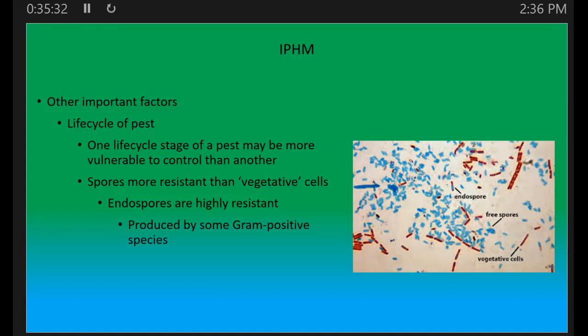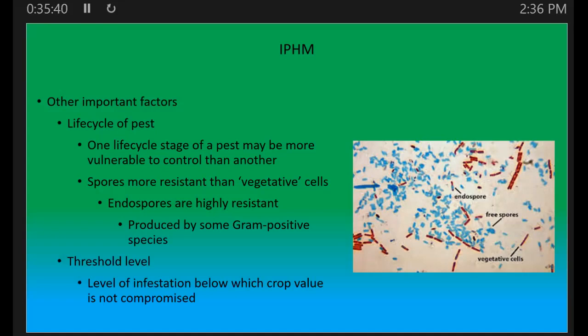That's just one example of why you need to know about the life cycle of the pathogen or the pest. And then it really does depend on how much of the pathogen is present in your fields. Is it a lot or is it minimal? Certainly that's going to play a role. Sometimes there are pathogens lurking, but they don't really cause any significant damage. Even though you know they're there, they just don't quite have the numbers.